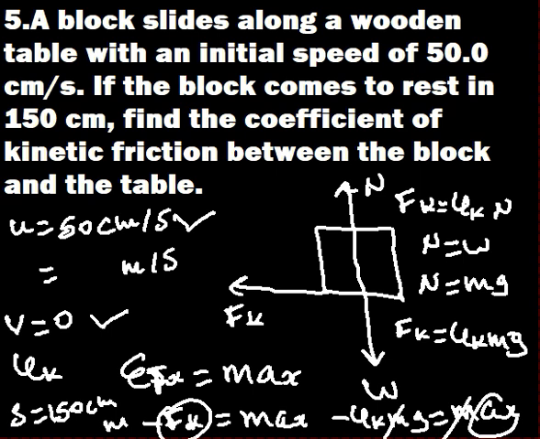So we can have the acceleration, put it here, and then solve for mu k. And basically, the acceleration will be negative. So that's how you have to understand it.